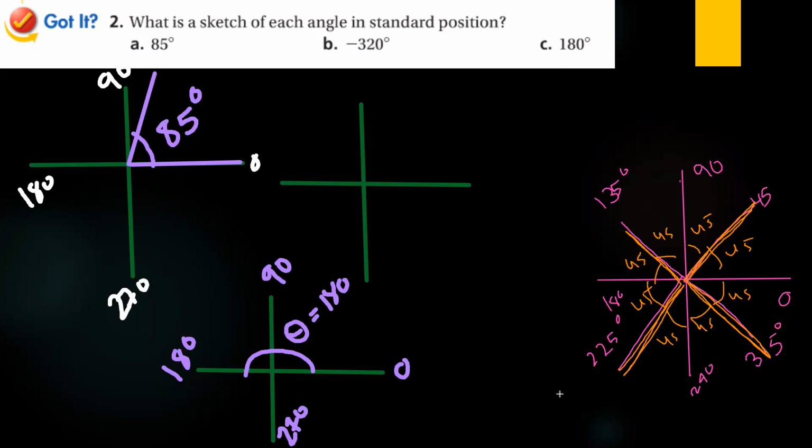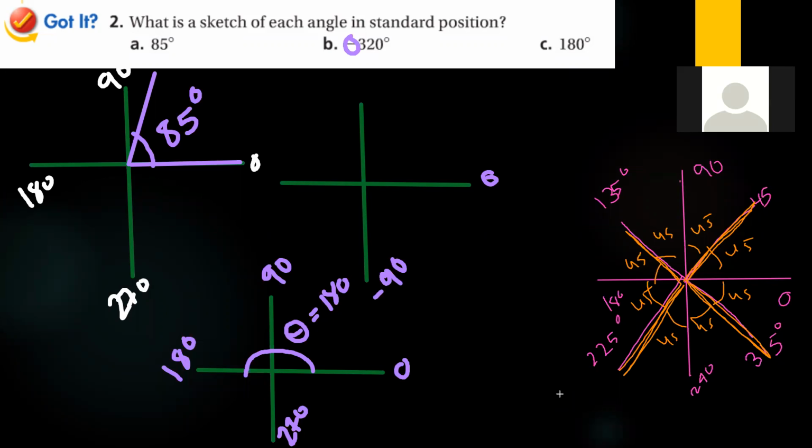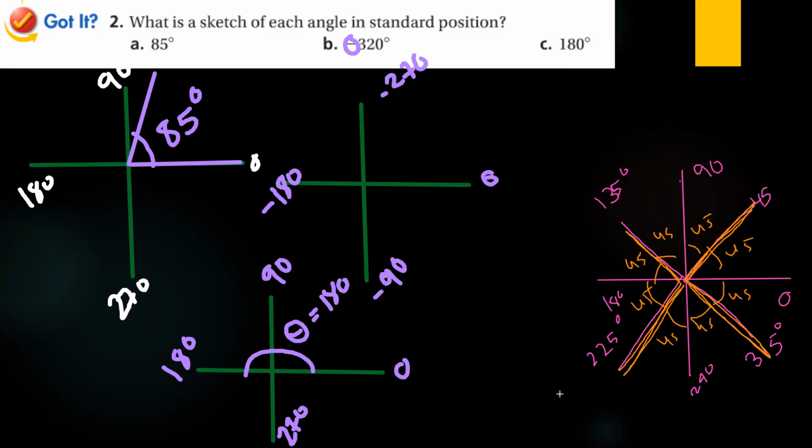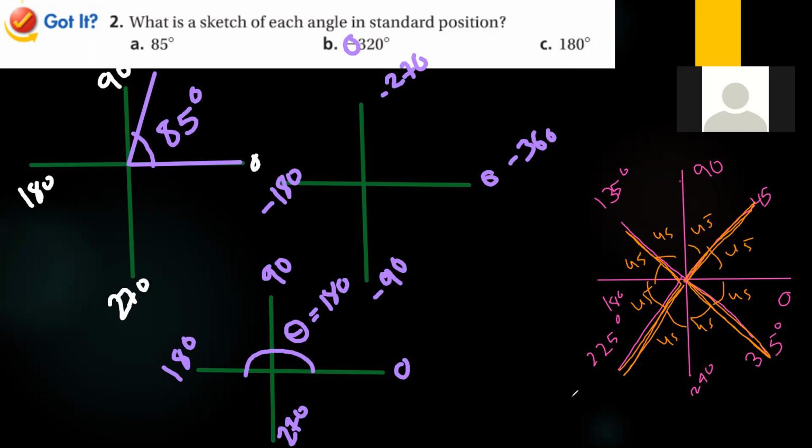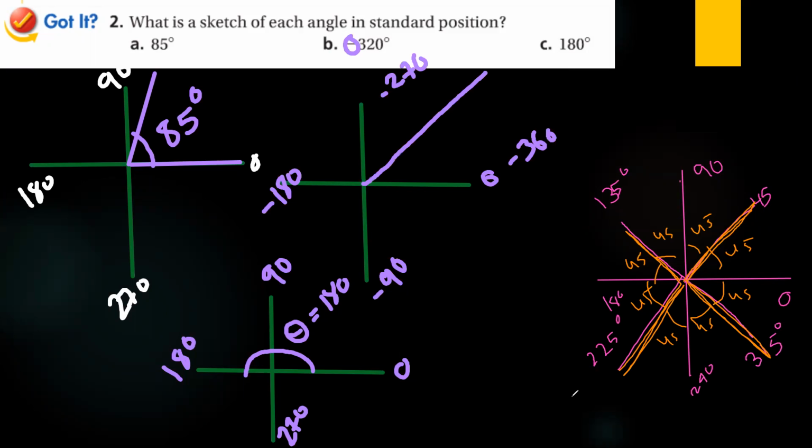Now let's go to negative 320. The first thing here, we have a negative sign, so we are now moving clockwise. Negative 320 is supposed to be here, because it is between 270 and 360. I told you that in quadrant 4, if you cut it into 2 equal halves, you get 315.